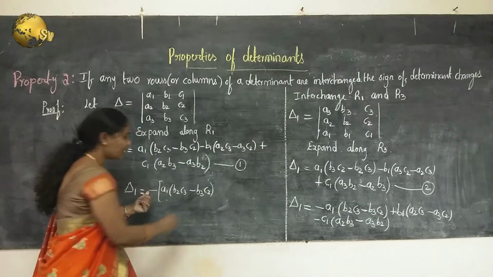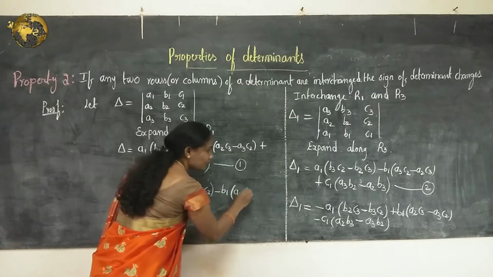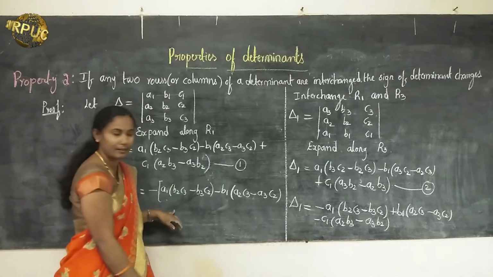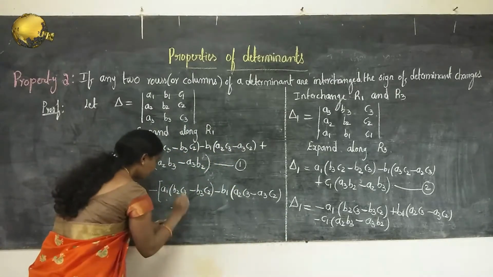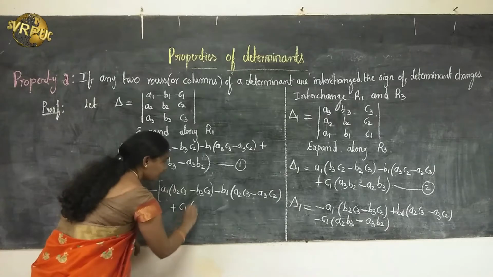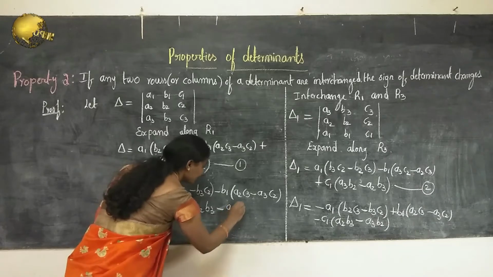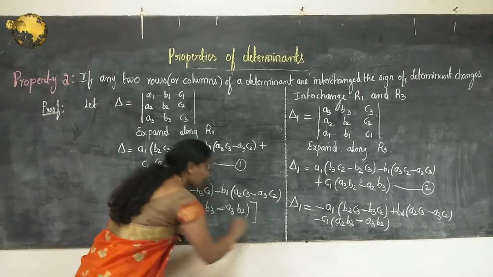If I remove minus out, it becomes minus B1 into (A2 C3 minus A3 C2), and then here minus is there. Already I removed minus out, so that becomes plus C1 into (A2 B3 minus A3 B2). Okay, so now we close the bracket.